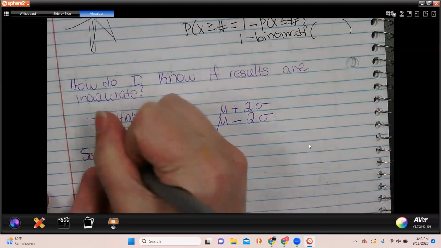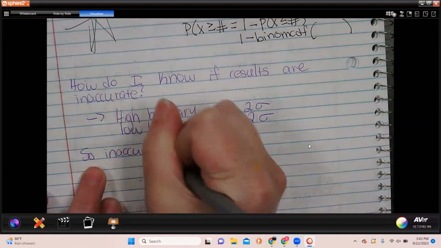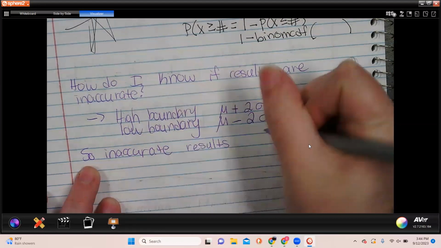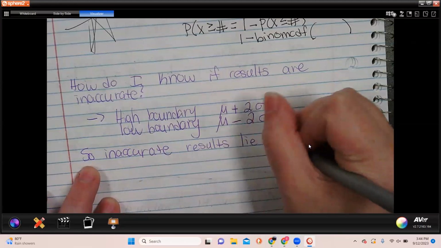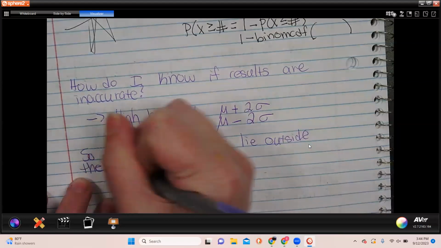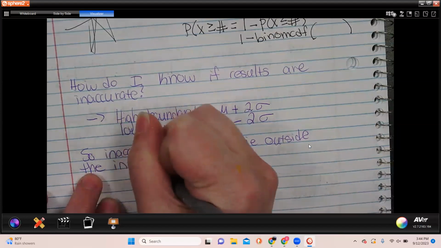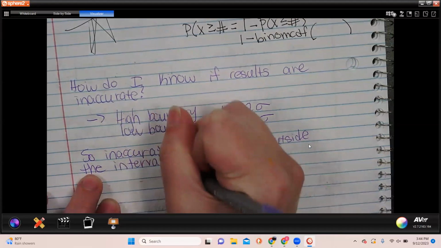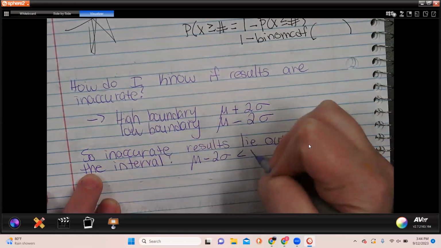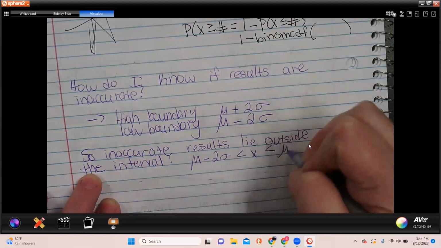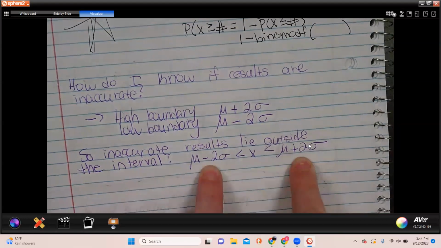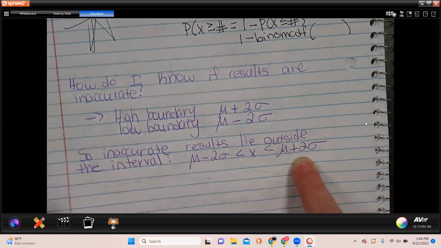So inaccurate results lie outside the interval, as I'm going to write in interval notation. Mu minus 2 sigma less than x less than mu plus 2 sigma. So if it's outside this interval, then it is inaccurate data.